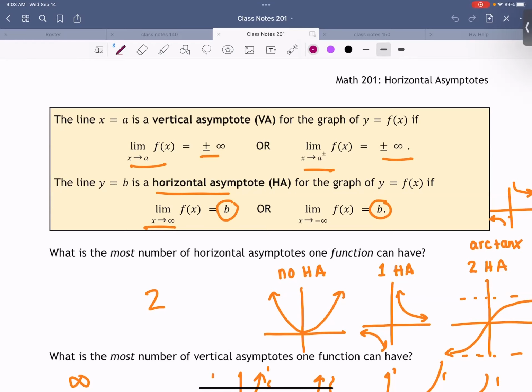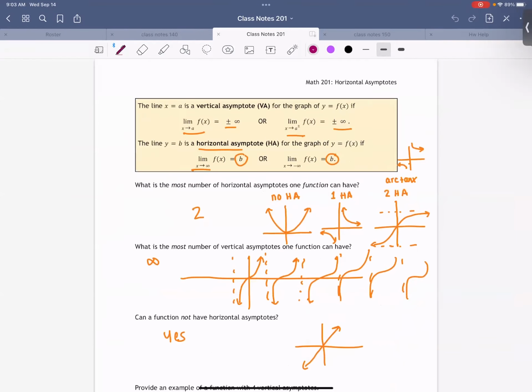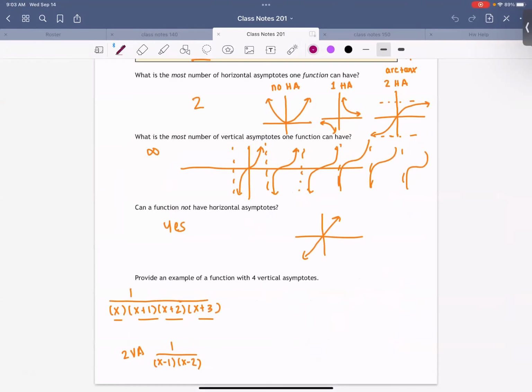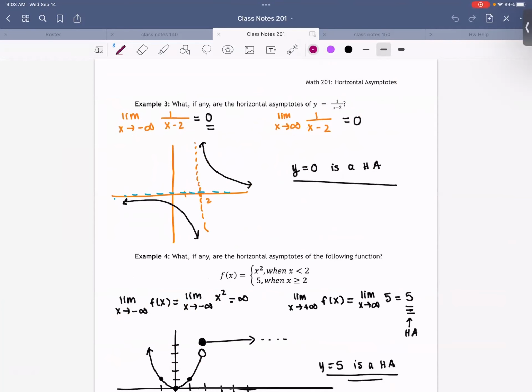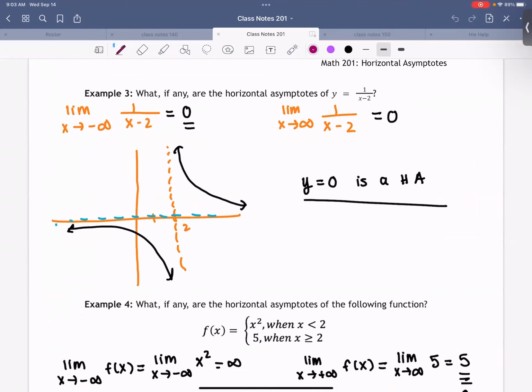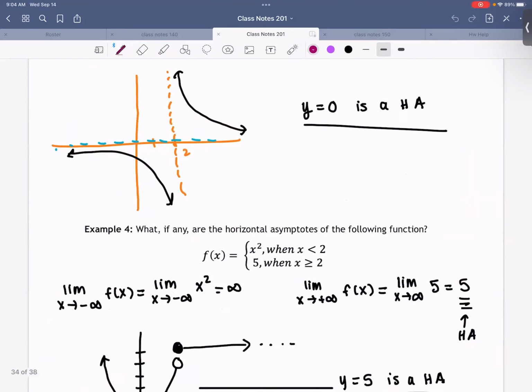Okay, so that's where the horizontal asymptotes come about. And we did some tricky questions that I thought were fun, but you probably didn't. And then we went through examples of graphing a function and then taking a limit from the left or from negative infinity and positive infinity and try to find if we had an asymptote or not.